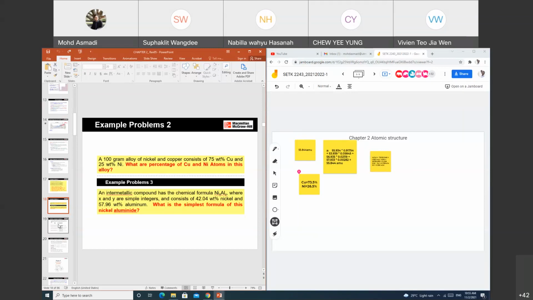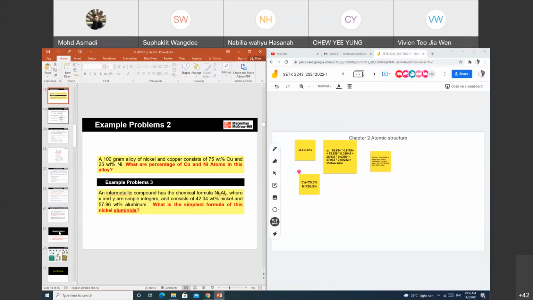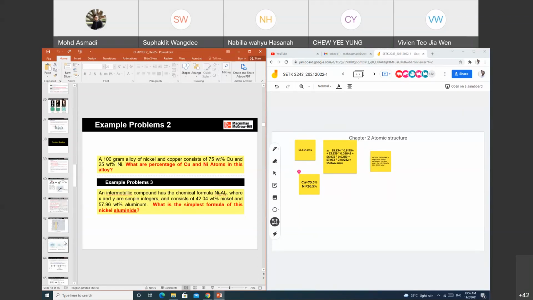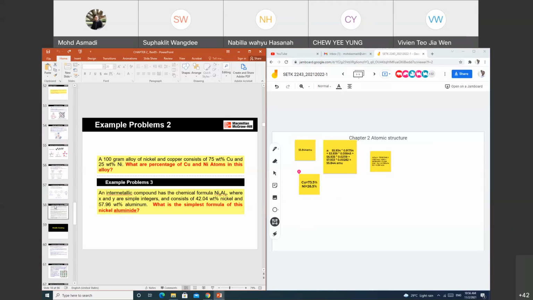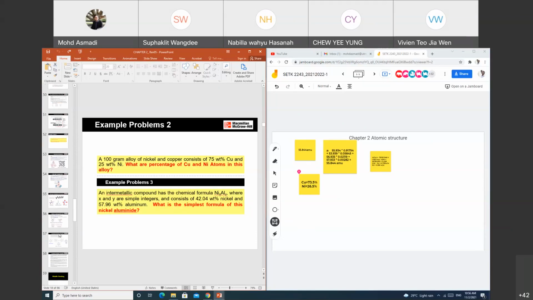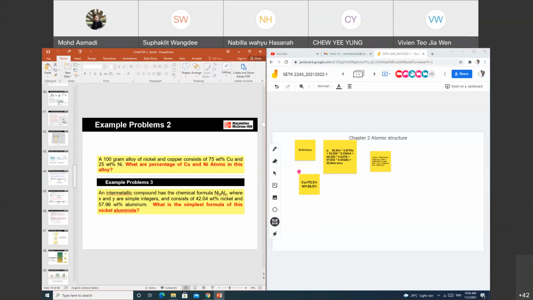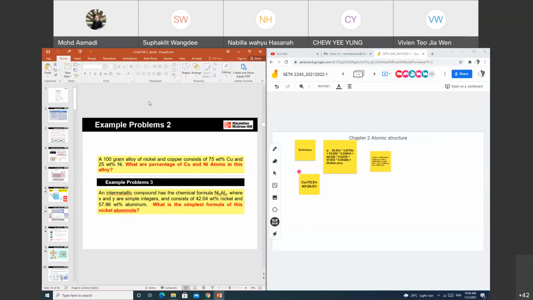But it's okay. Maybe by next week we can finish this part. Mainly we are covering the types of bonding, primary and secondary. So I think you can read by yourself to get a brief picture of this part. Okay, so that's all for today.